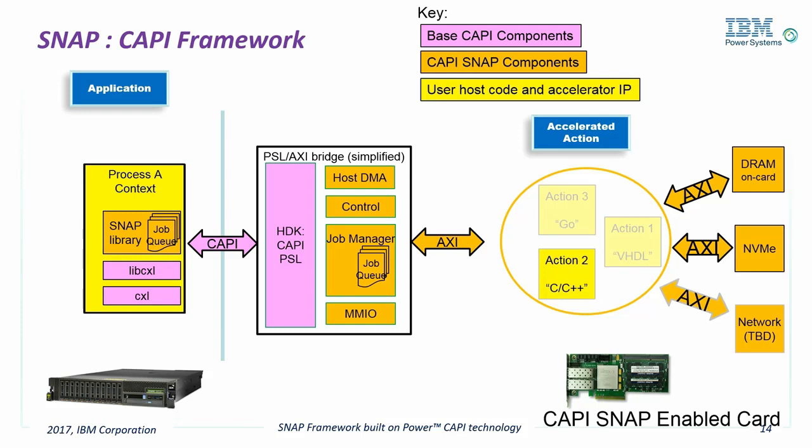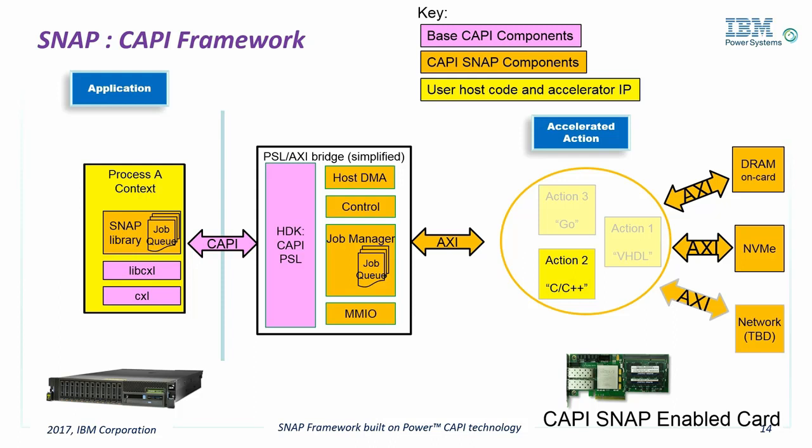The final components are the application code on the host and the accelerated action on the FPGA. Shown in yellow, these are personalized algorithms written by the developer. The accelerated action fits in the center of all the FPGA components, surrounded by AXI bridges that deliver the application's job request and the data from the many potential sources.